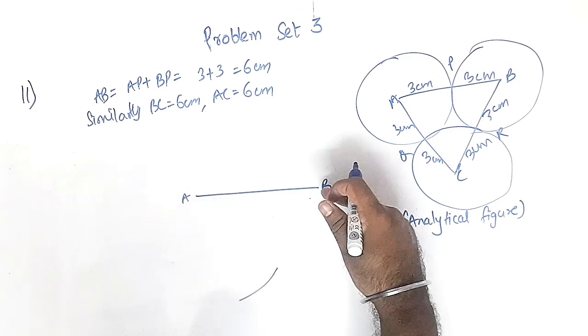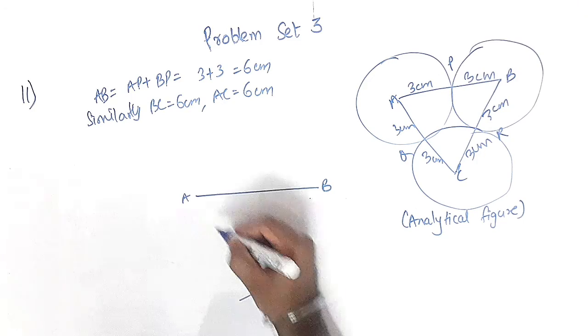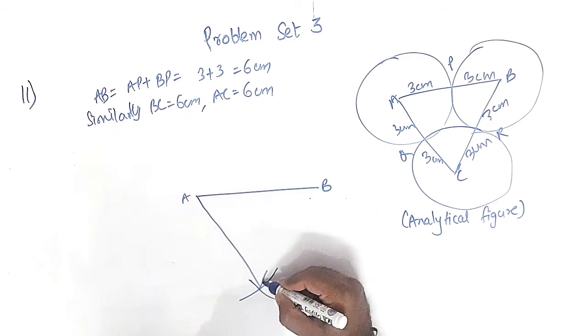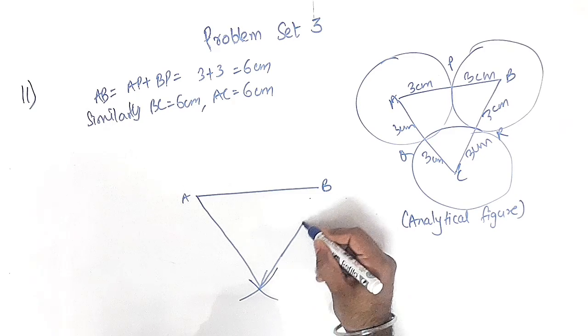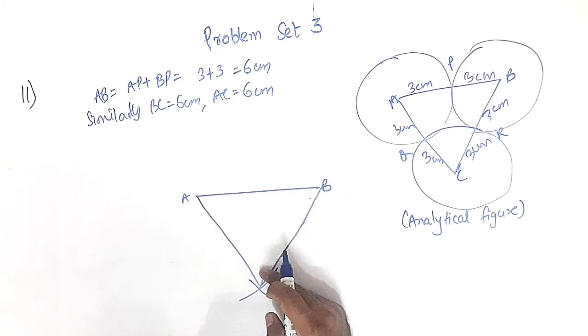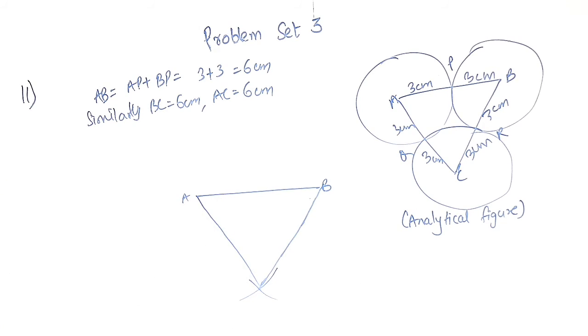Now put the rounder here, draw the arc. Now this is your equilateral triangle. Drawing an equilateral triangle is not a difficult task. Every one of you can do it. Now ABC is an equilateral triangle of 6 centimeter.